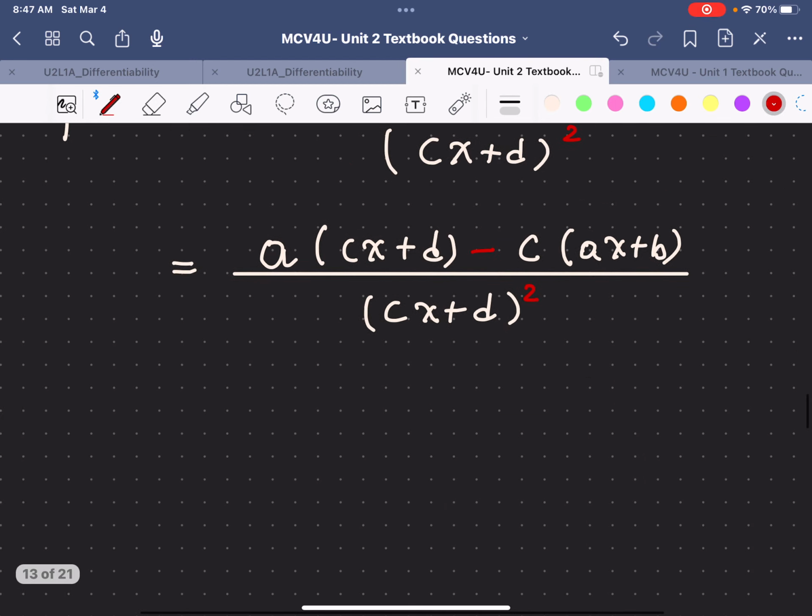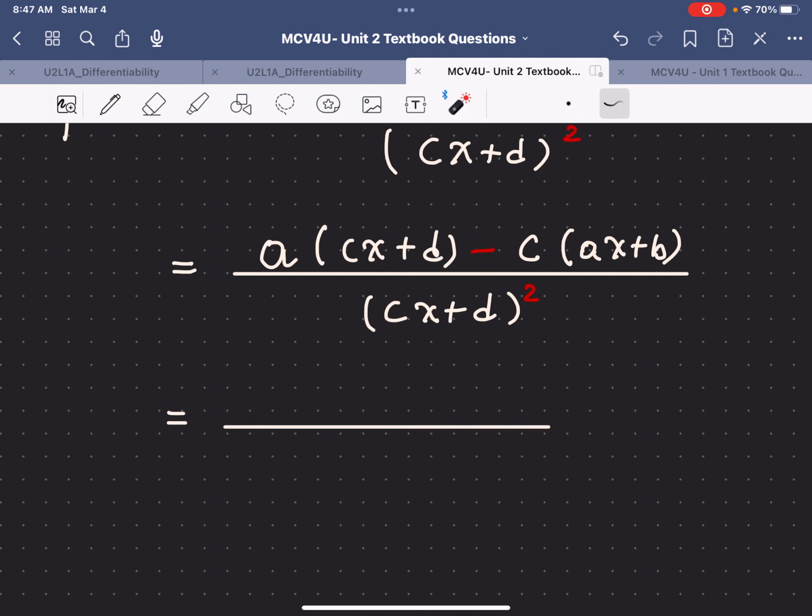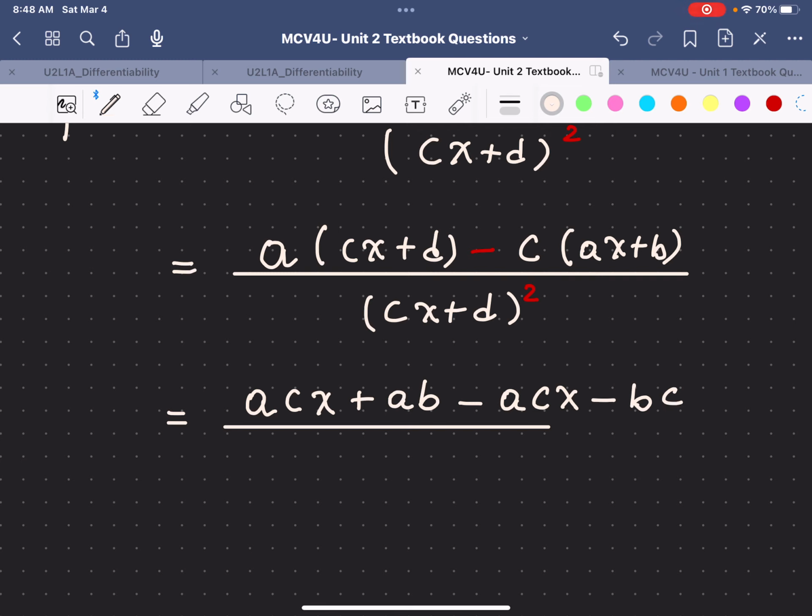So let's simplify. Big fraction line, why not? We'll expand now. We bring a in and we bring c in. So we have acx plus ad. List the coefficients in alphabetical order, it's easier that way. Minus acx minus bc.